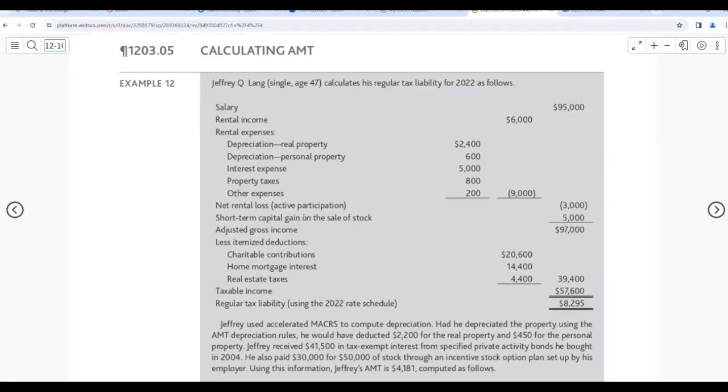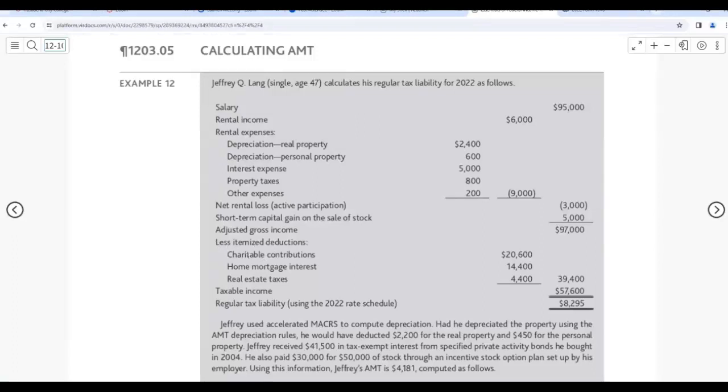Also, he has short-term capital gain on the sale of stock, like everyone has nowadays in a portfolio. So that's a $5,000 gain. So 95 minus 3 plus 5, adjusted gross income, $97,000. Very good. Less itemized deduction or standard deduction.